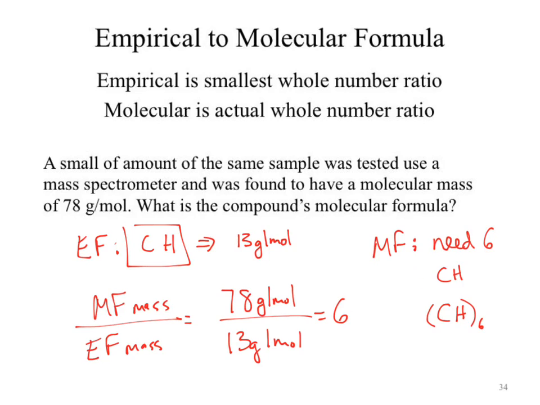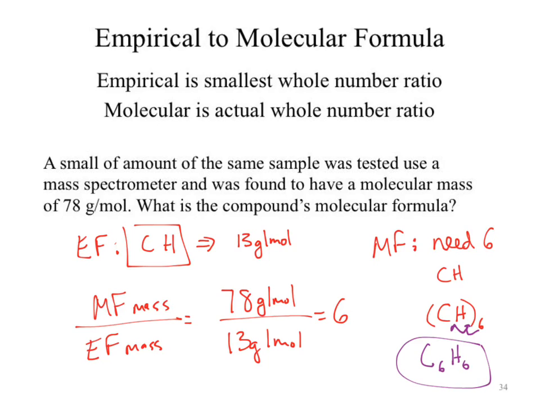Okay, so our formula numbers would be at the bottom. So we could write it as CH parentheses 6. That looks a little bit weird, particularly because we could translate that 6 inwards. And we'd end up with the formula C6H6. There's our molecular formula. Okay, which is, for those of you really paying attention, benzene, which was the example we just talked about. Full circle, yay. Oh yeah, it's even circular.